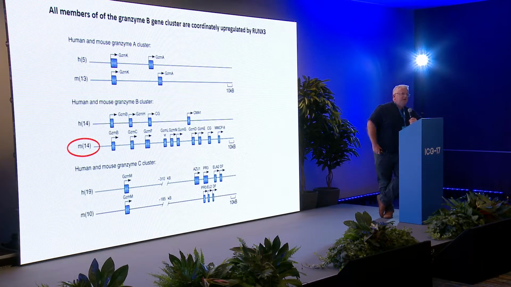As you may know, granzymes are very important for the cytotoxic T cells and NK cells for the killing activity. And we also know that Runx3 is important for T cell and NK cell development. So these results really suggested that Runx3 can directly regulate this gene family.